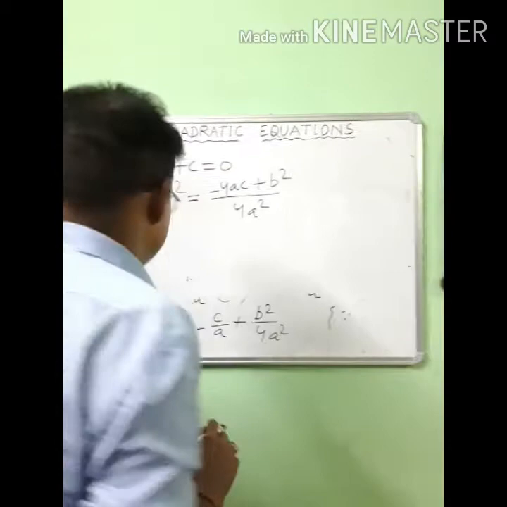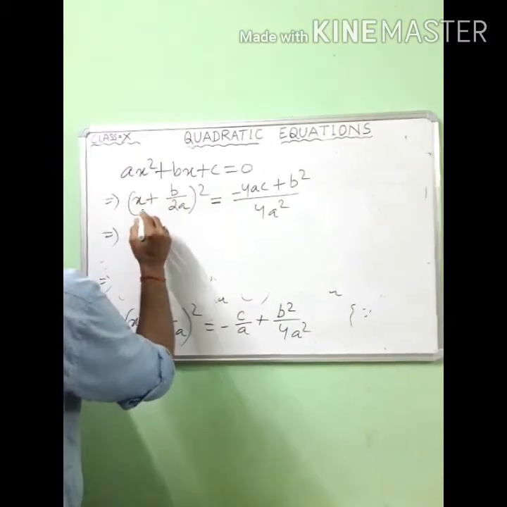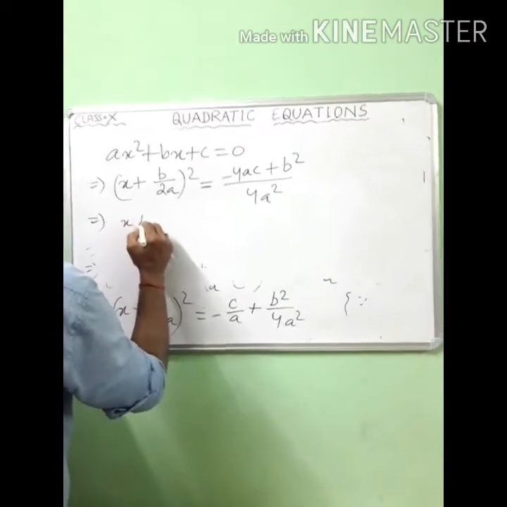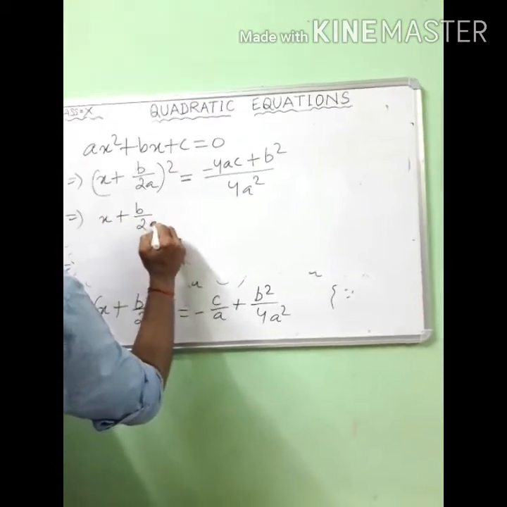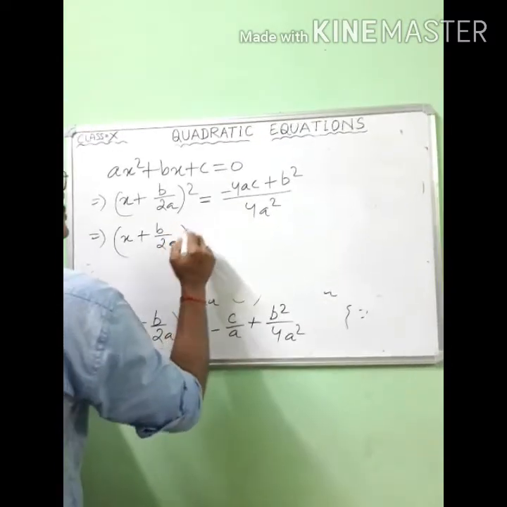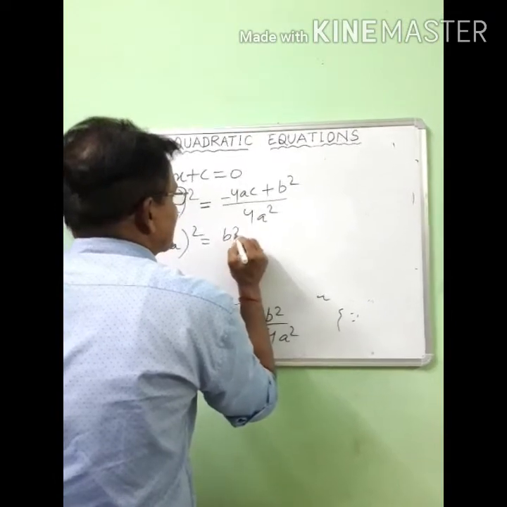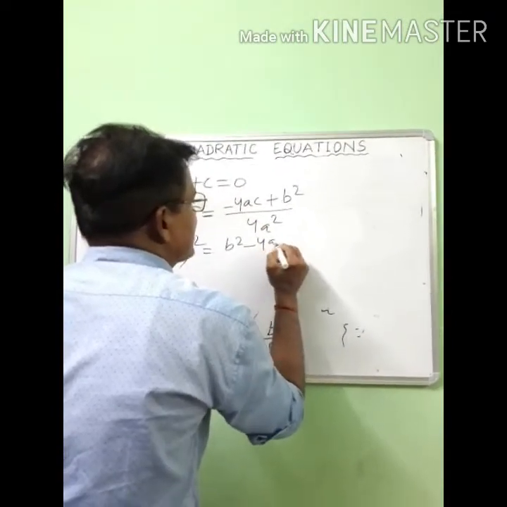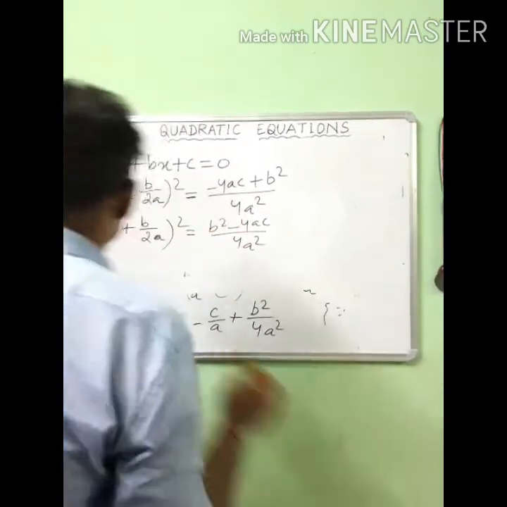So this implies x plus b by 2a whole square is equal to b square minus 4ac by 4a square. Clear?